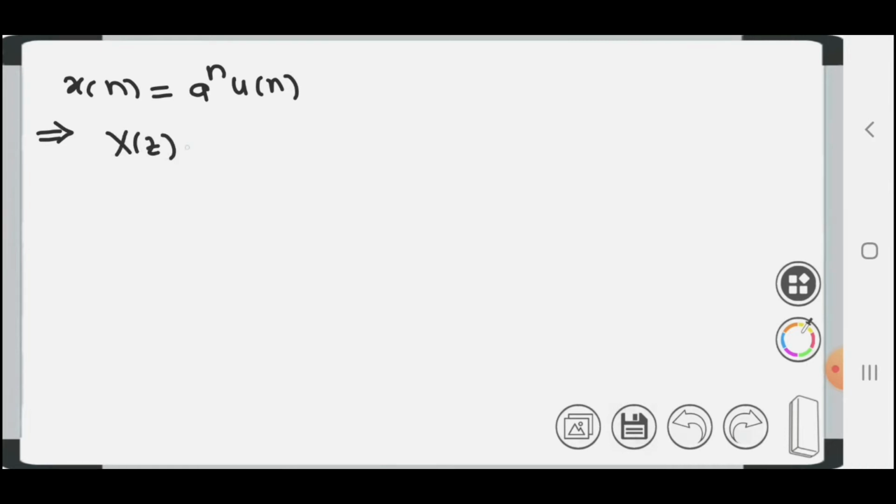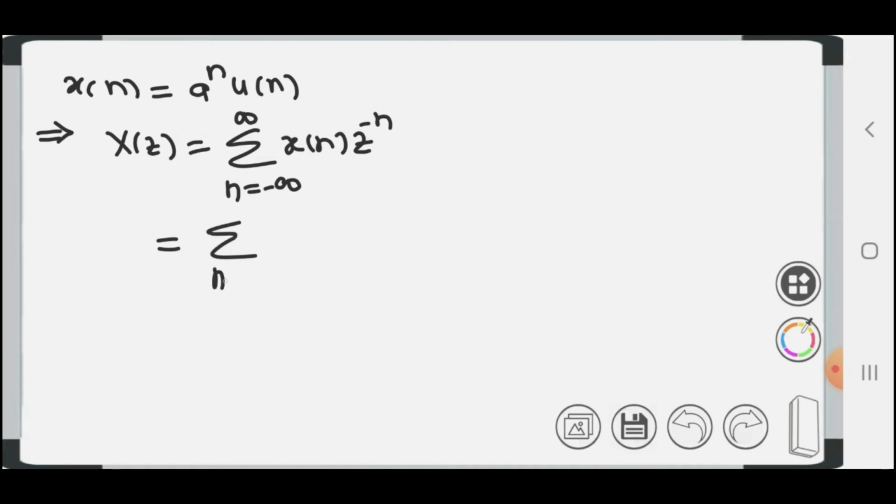So, X of z is equal to summation n from minus infinity to infinity x of n z raised to minus n. Now here, what is the given x of n? The given x of n is nothing but a raised to n u of n. So, let's put this value, a raised to n u of n z raised to minus n.